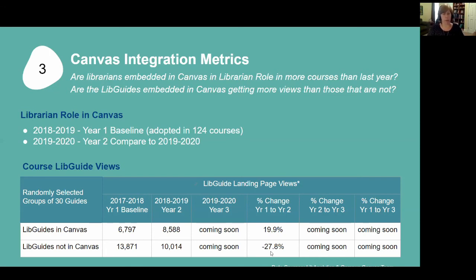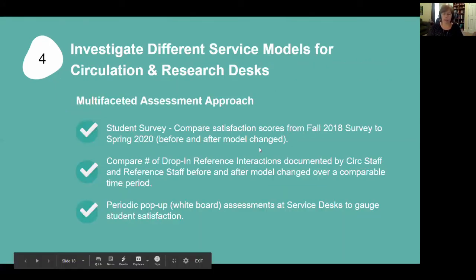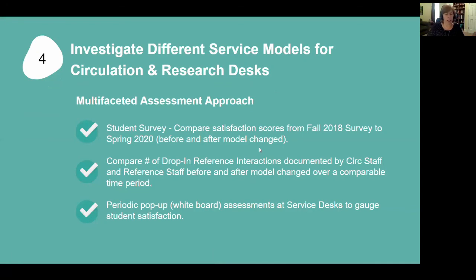So what we did there was we randomly selected 30 course guides that were embedded in Canvas and 40 course guides that were not embedded in Canvas. We established a baseline of the number of views on the homepage for the guide in 2017-18, used that as a benchmark. And then we tracked the usage of those same guides in 2018-19.